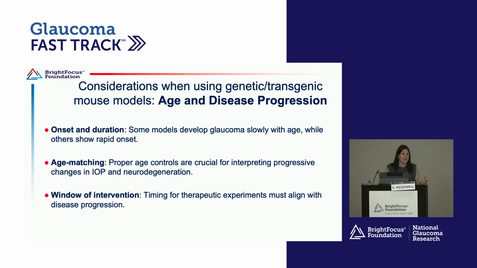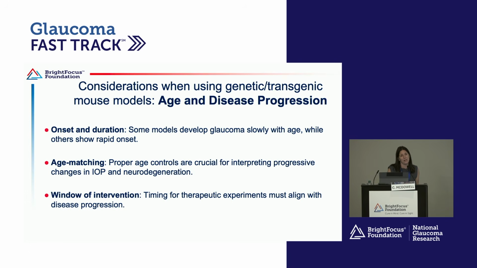In my opinion, second to genetic background, the next most important consideration is age matching. Age and sex matching your animals. So proper age and sex controls are crucial for interpreting your results, especially when you're looking at progressive changes in IOP and neurodegeneration.